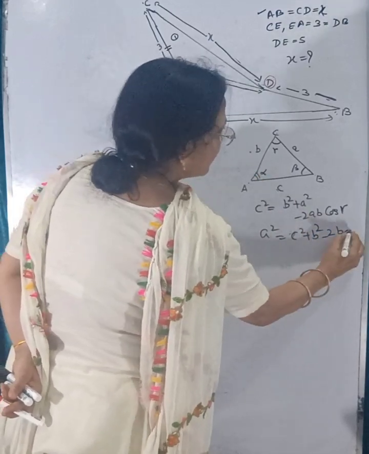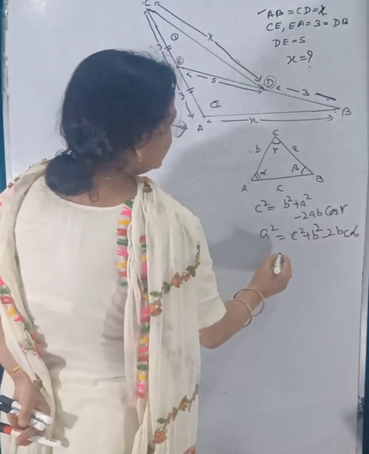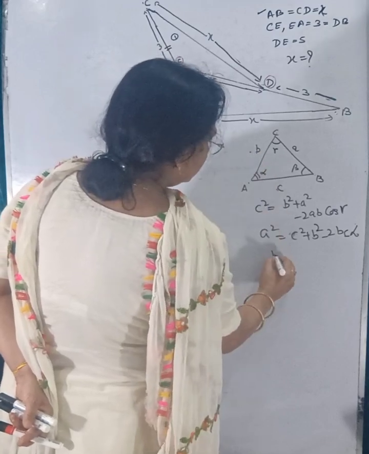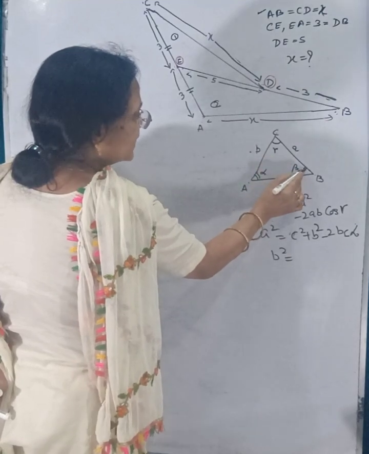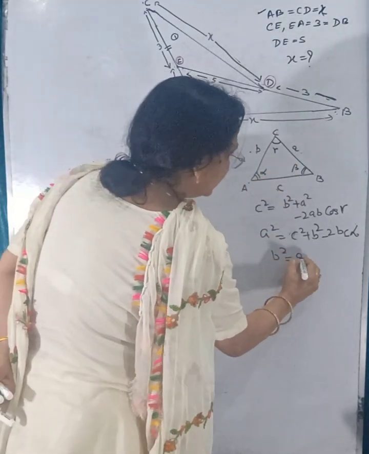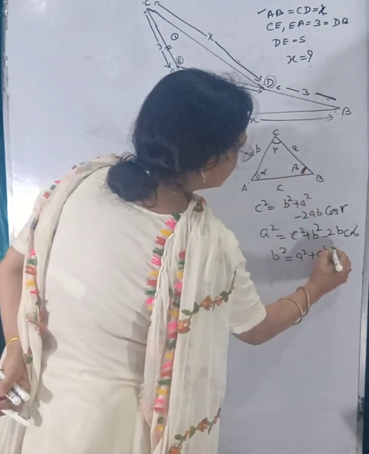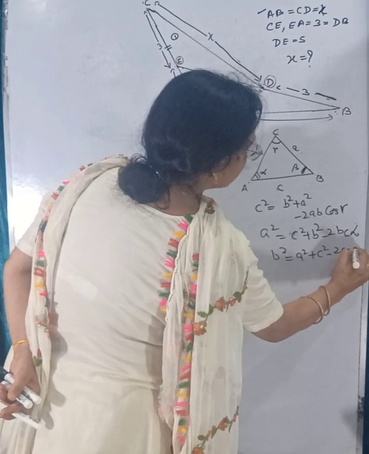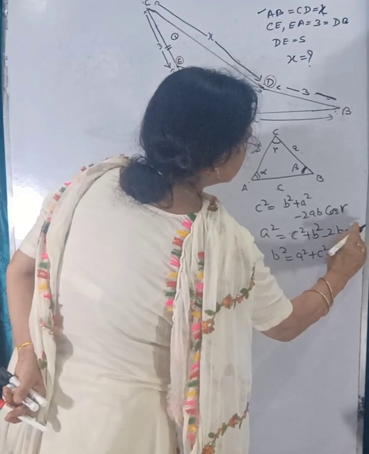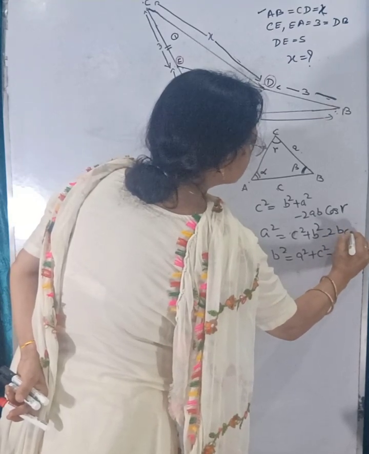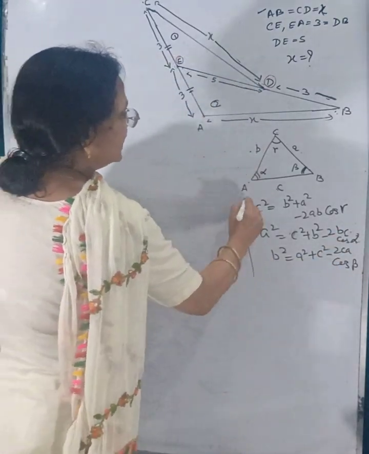Same way, b square can be written as a square plus c square minus 2ca cos of beta, the angle between a and c.